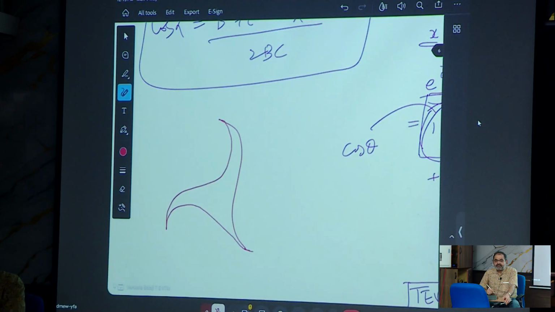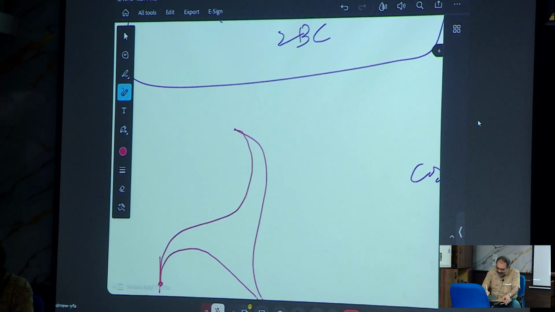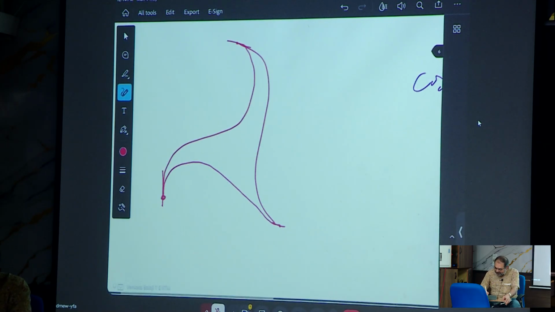The sum of 3 angles is 0. Because at each of these points, you see there's one tangent. The angle between the tangents is 0. This is a curve for which the sum of the 3 internal angles is 0.